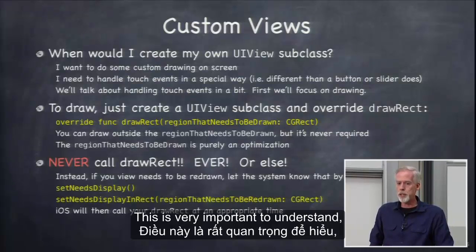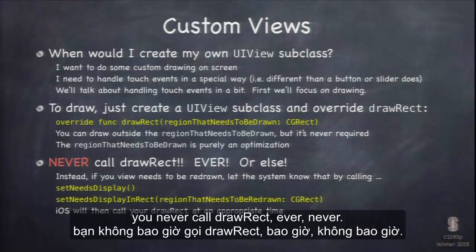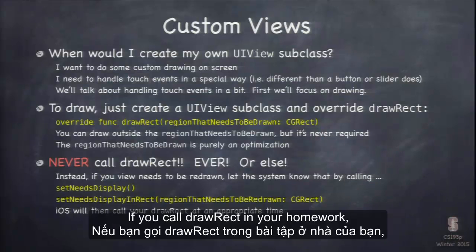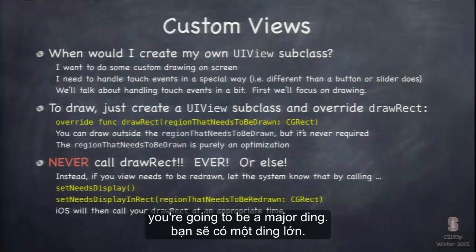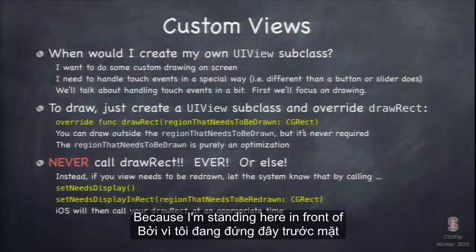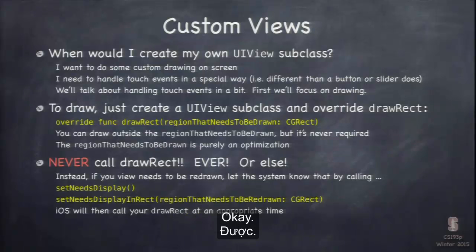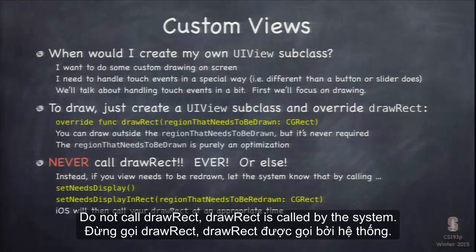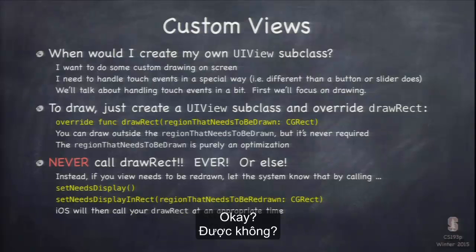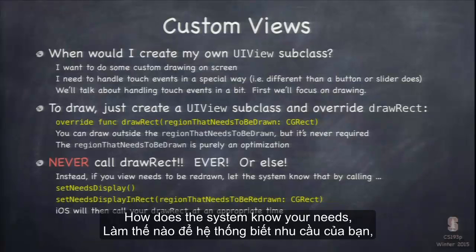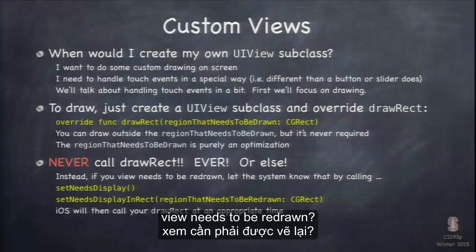This is very important to understand. You never call drawRect. Ever, never, never. If you call drawRect in your homework, you're going to be major ding, because I'm standing here in front of you with red text on my slide saying never. Do not call drawRect. drawRect is called by the system when your view needs to be redrawn. How does the system know your view needs to be redrawn?